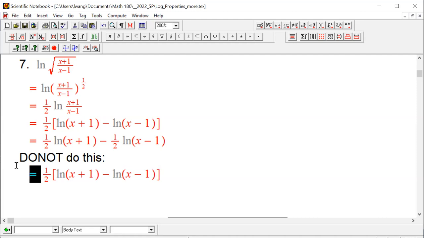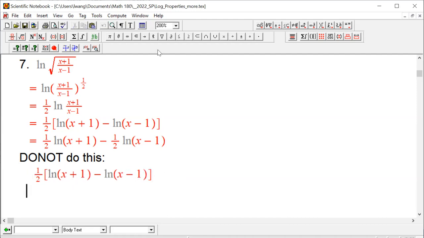They will say, oh, look at that, we have a half, and inside the bracket I can do ln x plus ln 1 minus ln x plus ln 1.